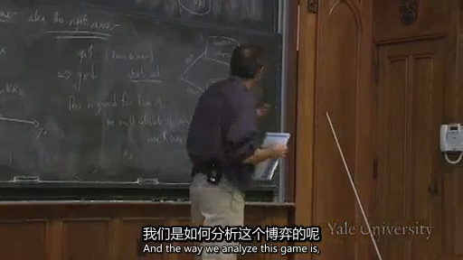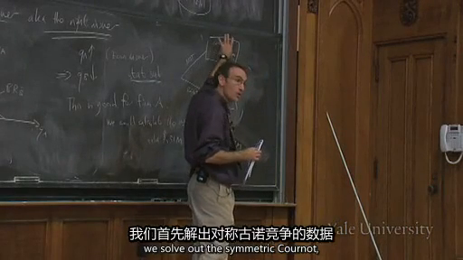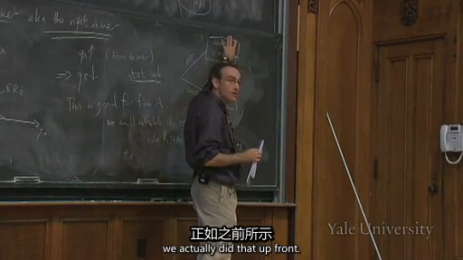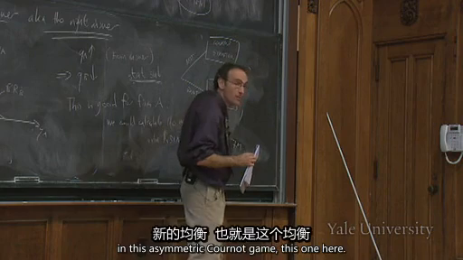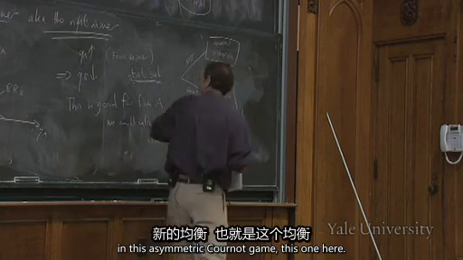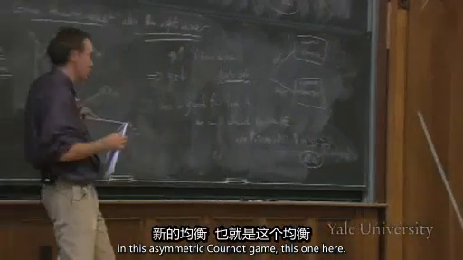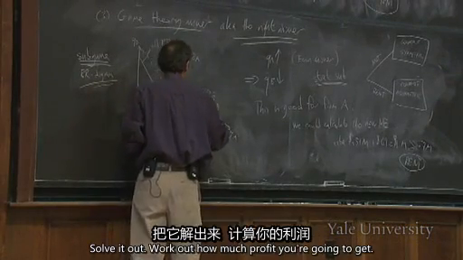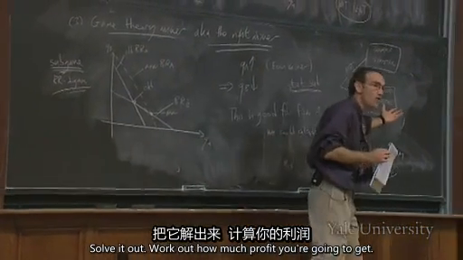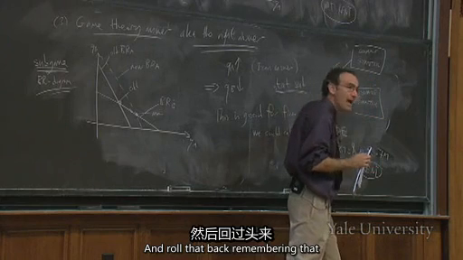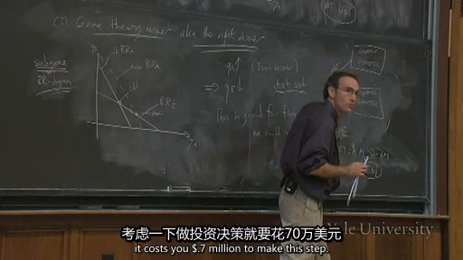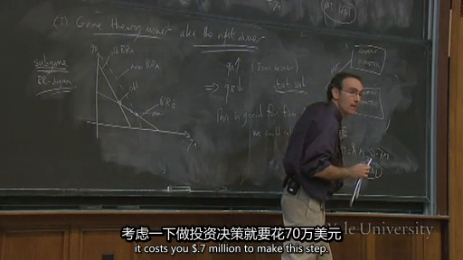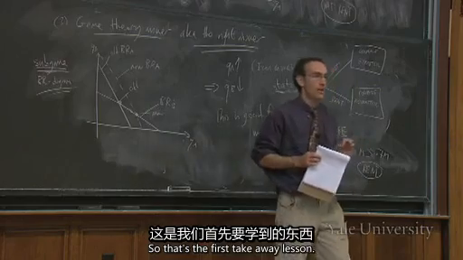And the way we analyze this game is we solve out the symmetric Cournot. We actually did that up front. We now solve out the new equilibrium in this asymmetric Cournot game. This one here is the old one, and this is the new one. Solve it out, work out how much profit you're going to get, and roll that back, remembering that it costs you 0.7 million to make this step. So that's the first takeaway lesson.